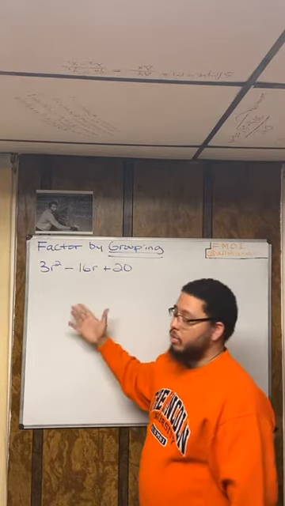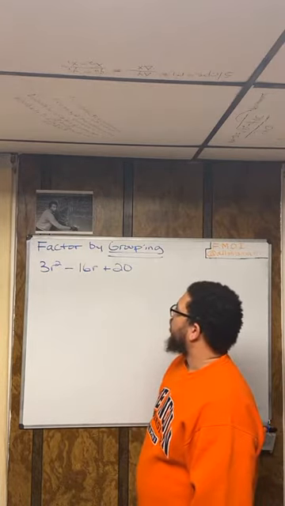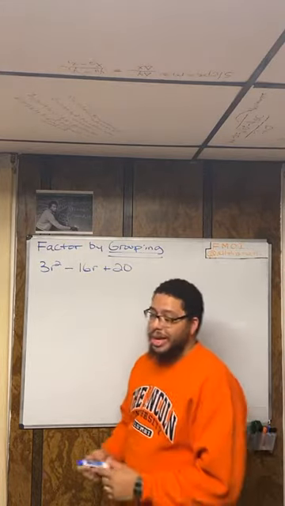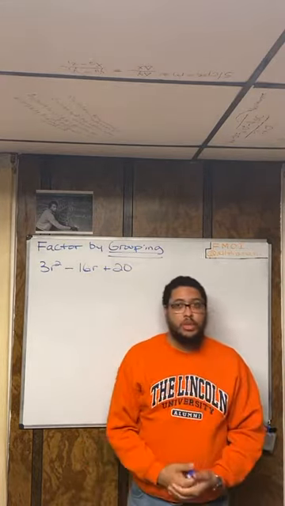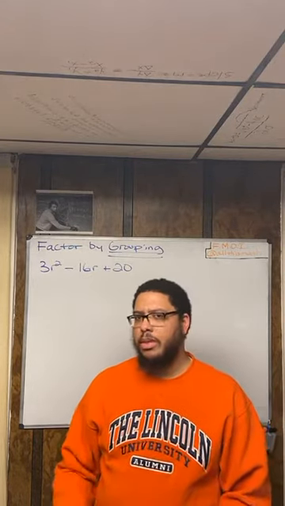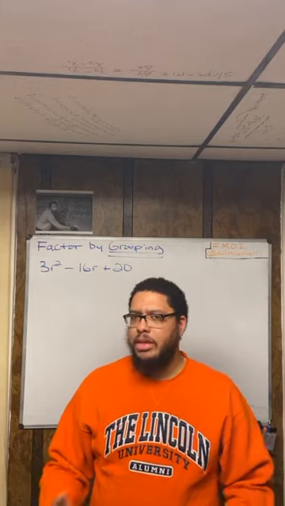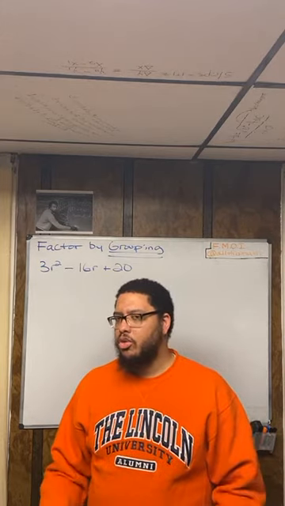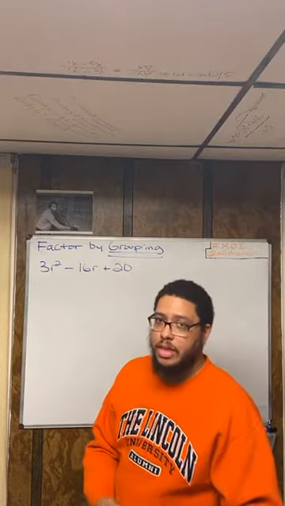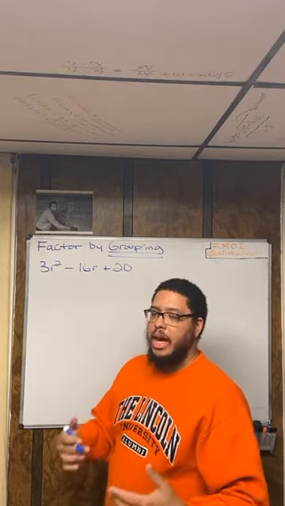It's a trinomial, right? And usually, because this is a quadratic trinomial, what I like to do is something I call the swing method. I've done videos about the swing method before, and I'll do some videos about it again. The swing method is kind of cool, I think. But grouping is also kind of cool, and it employs some of the steps that you have to take with the swing method. I like those methods.